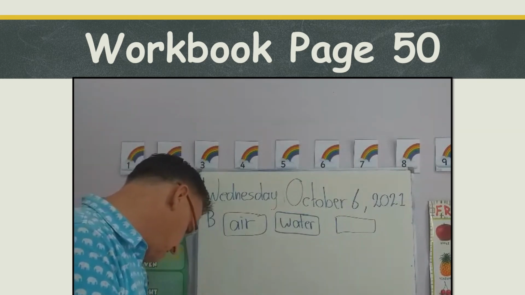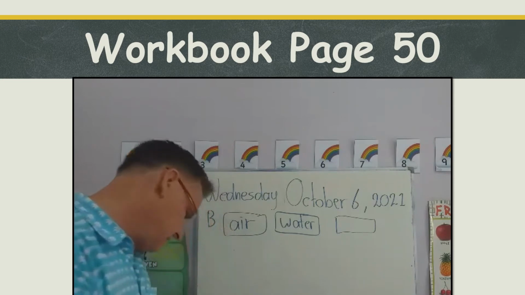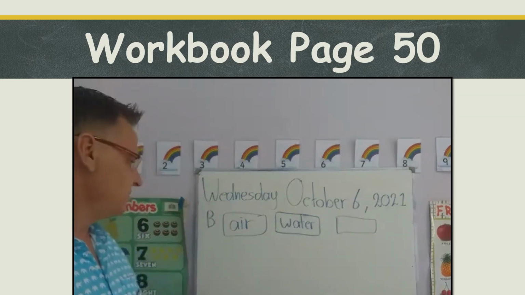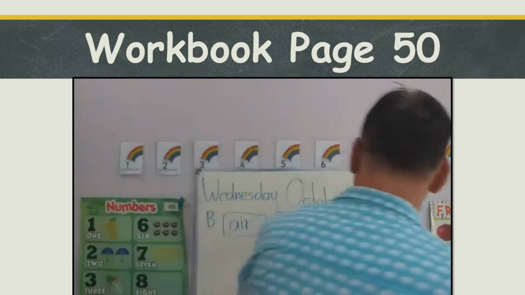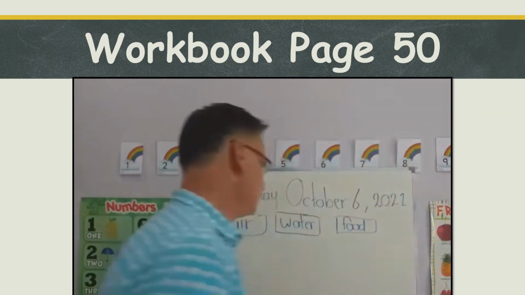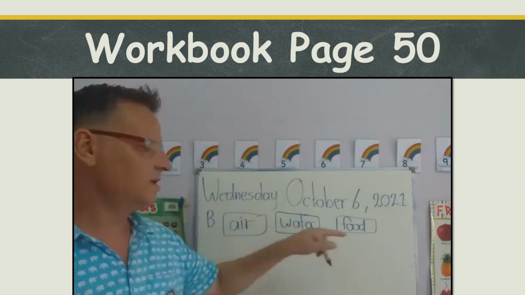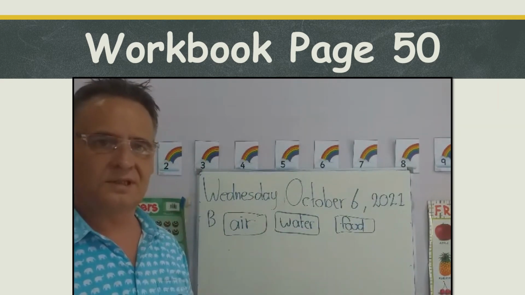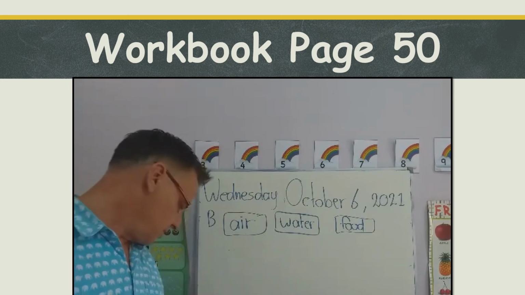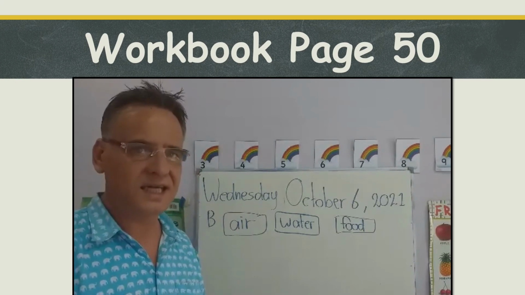He's got chicken and rice and eggs and I don't know what that is, but right, food. So those are the 3 things that we need to stay alive. In the first box you write air, in the second water, and in the third food. Okay, very good. Go to page 51, exercise C.